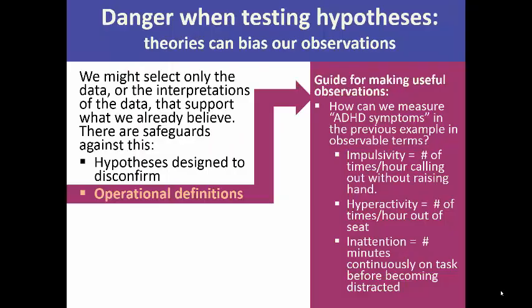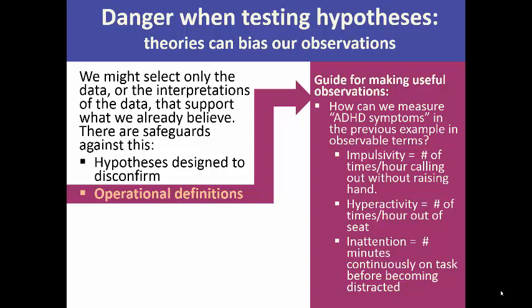One danger when testing hypotheses is that theories can bias our observations. Therefore, we might only select data or interpretations of data that support what we already believe. And so there are safeguards against this. Hypotheses are designed to disconfirm our theories. So when we make observations for how we can measure ADHD symptoms, we want to look at impulsivity, so we have to define these variables.